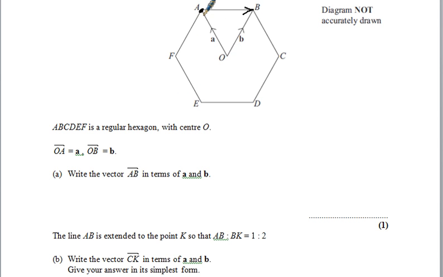So therefore, my path can be written as minus A plus B. So vector AB is written as minus A plus B.